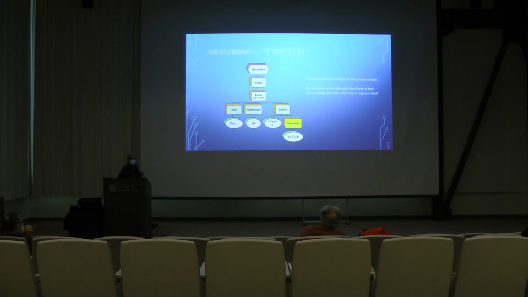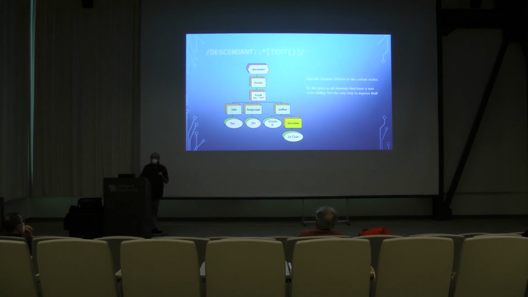And then we can ask for, from the context of all of these, find all of the element children. And there's only one. Author has a child called surname. That's an element. But none of the other ones have children that are elements. So that lets me select this. So one way to read this is find all the elements in a document that have a child that's a text node.